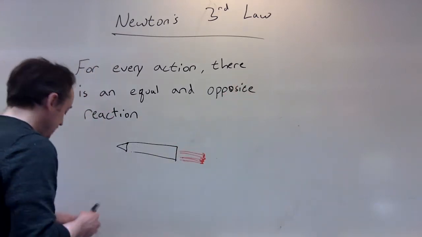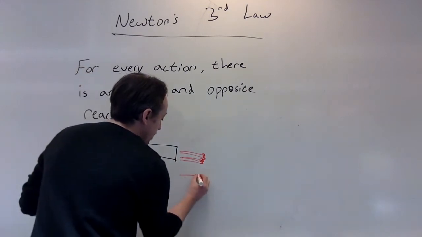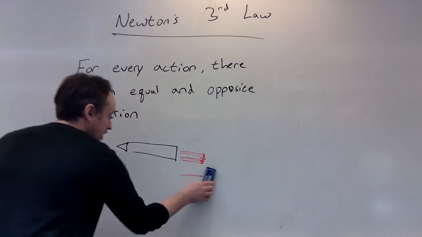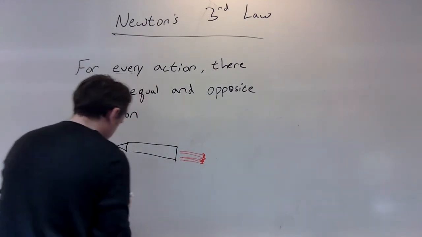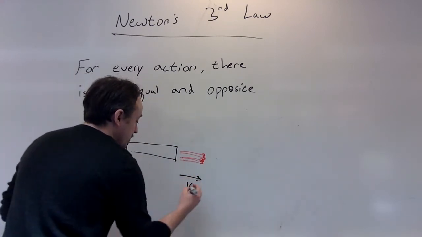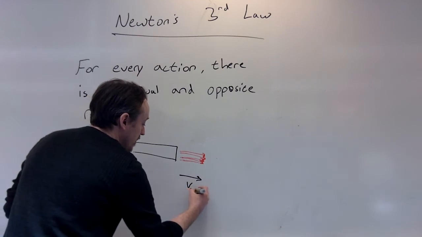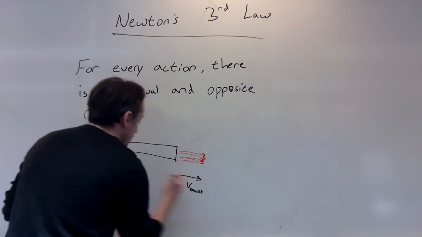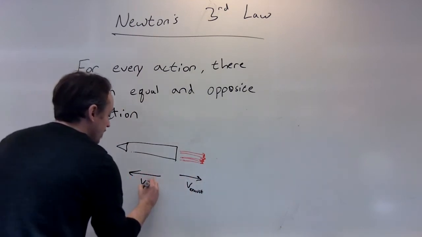So what happens here is the exhaust velocity, let's draw this vector, goes this way, and this is from, I'll just call it the exhaust, and then the rocket velocity goes that way.